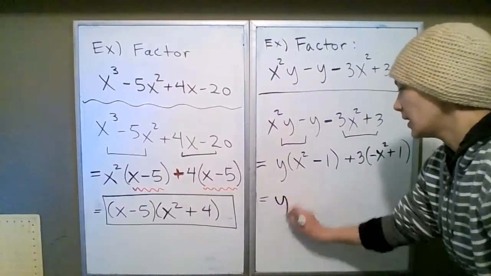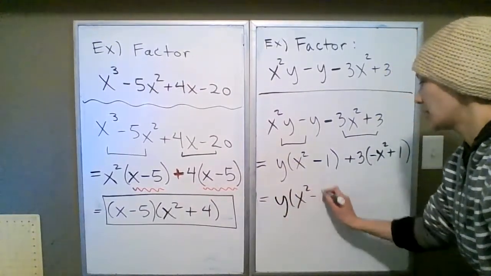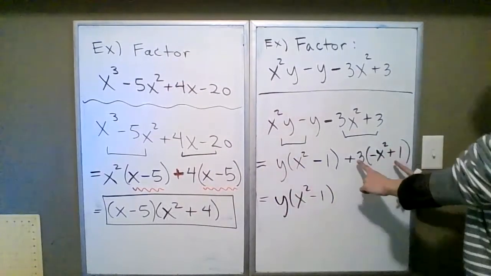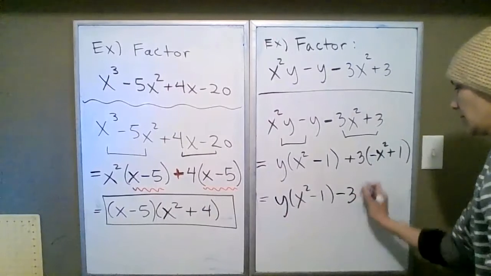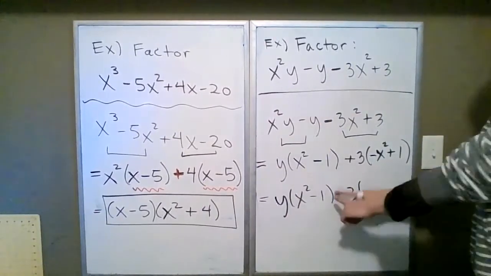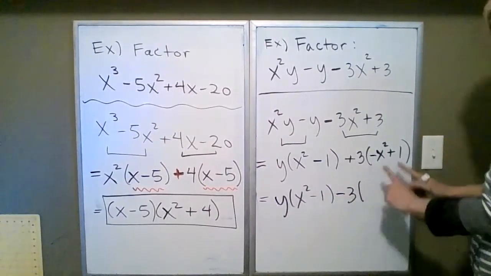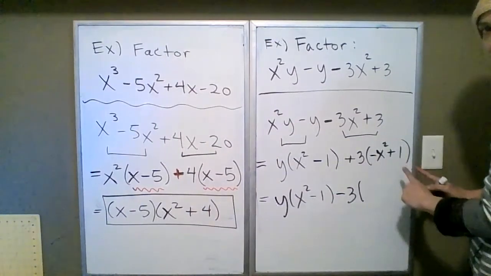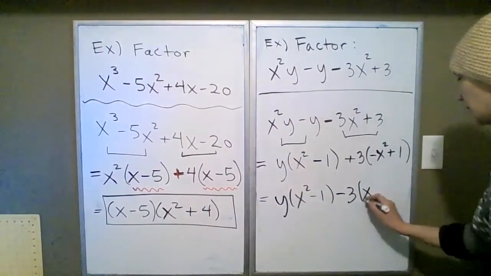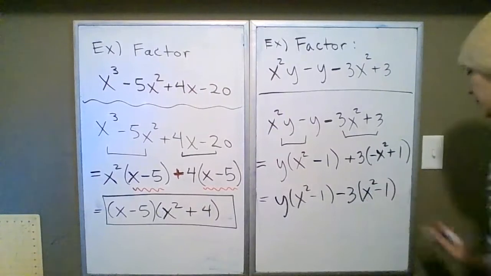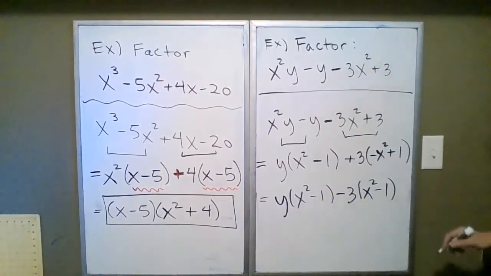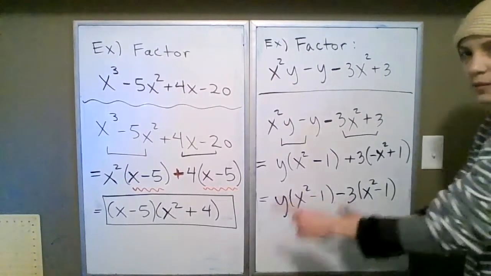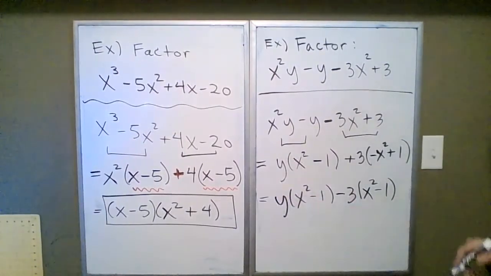So we have a y times x squared minus 1. And then factoring out a negative makes this negative 3 times, or then minus 3 multiplied with positive x squared minus 1. Cool. Now I can keep factoring out x squared minus 1 from both terms.